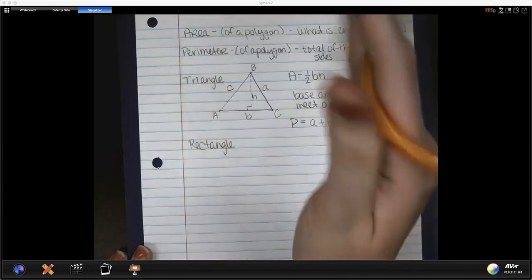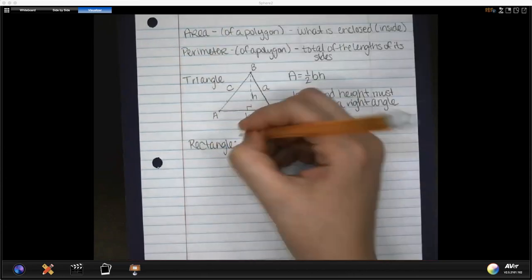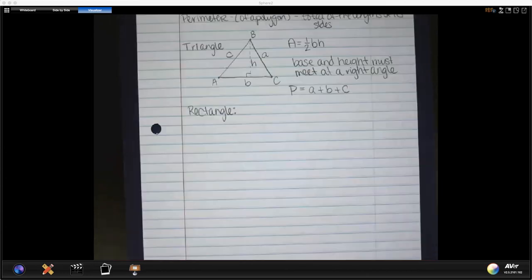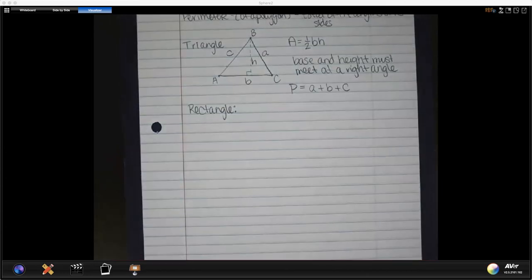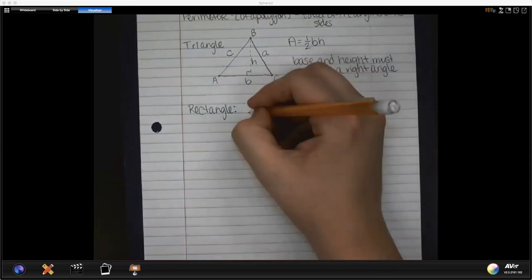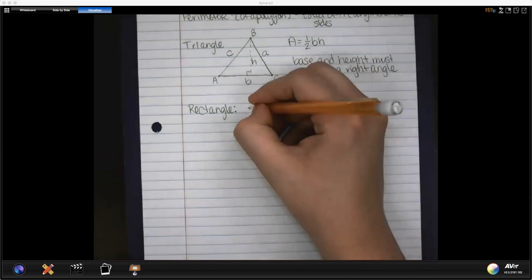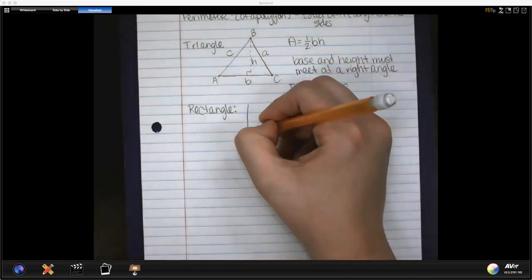Okay. Because quadrilateral has so many different types, we're just specifically going to talk about rectangle. So the basic form of a rectangle looks like such.